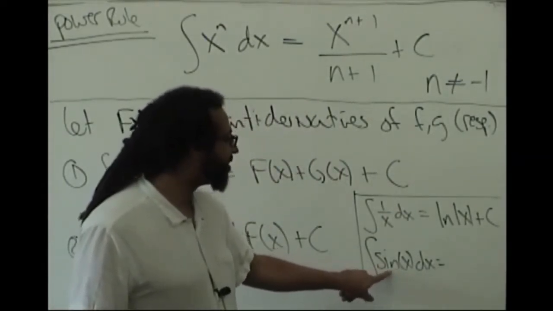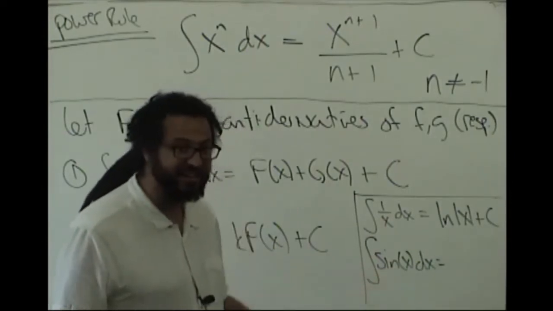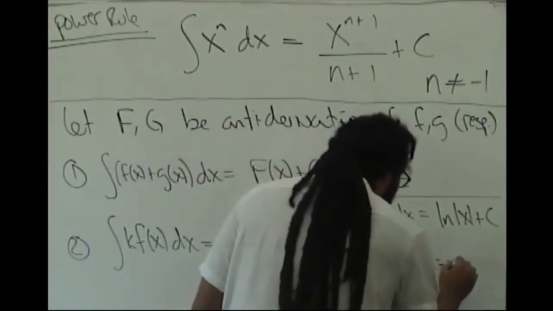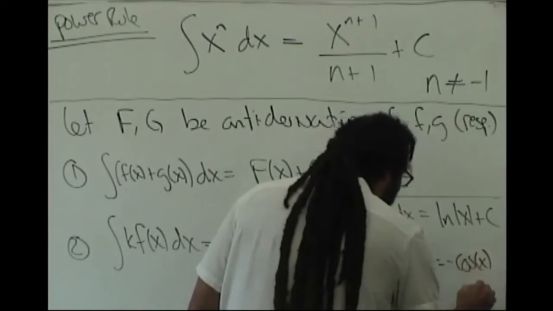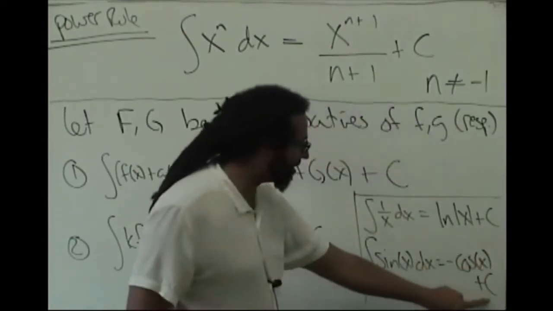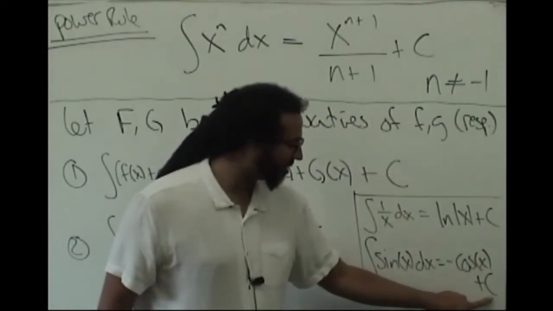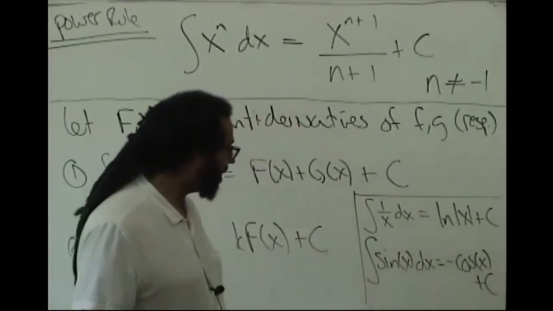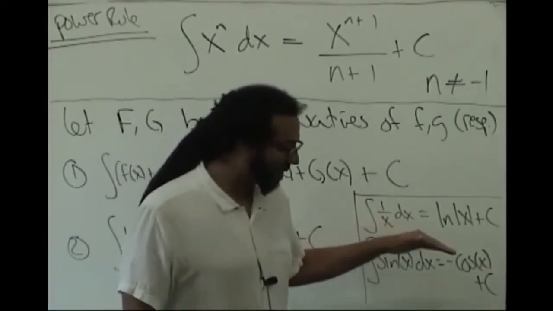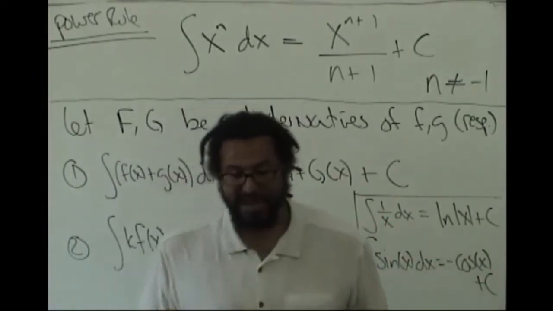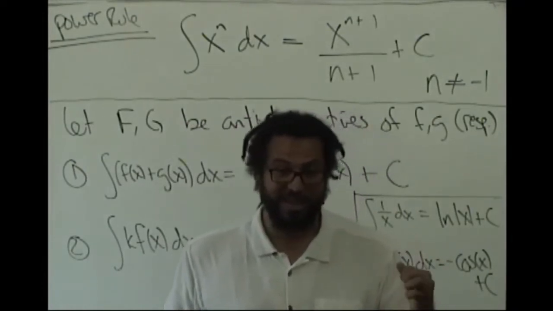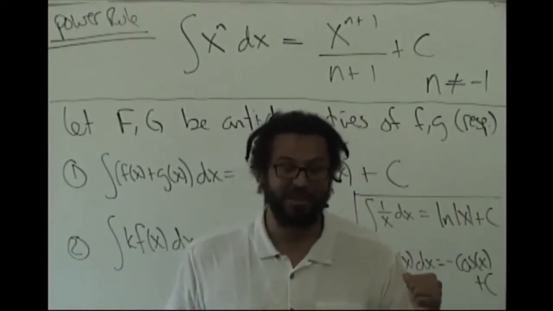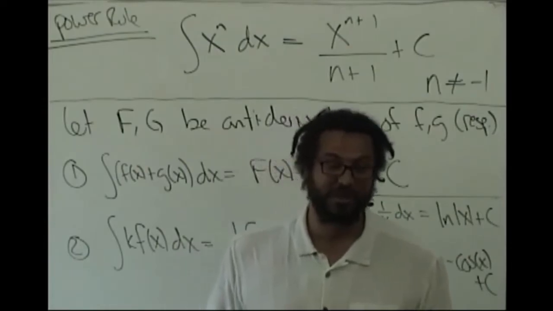So the antiderivative of sine is actually negative cosine of x, and then we want to tack on the constant of integration, plus c. In order to do antiderivatives properly, you really need to have a firm grasp of your table of derivatives.